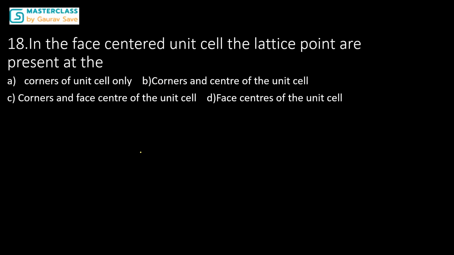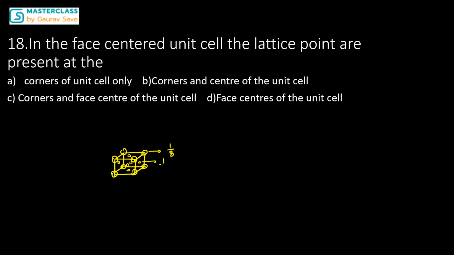Let's start with question number 18. In the face centered unit cell, lattice points are present at. So now in case of face centered unit cell, 8 atoms are present at the corners whose contribution is 1/8, and total 6 atoms are present at the face center.